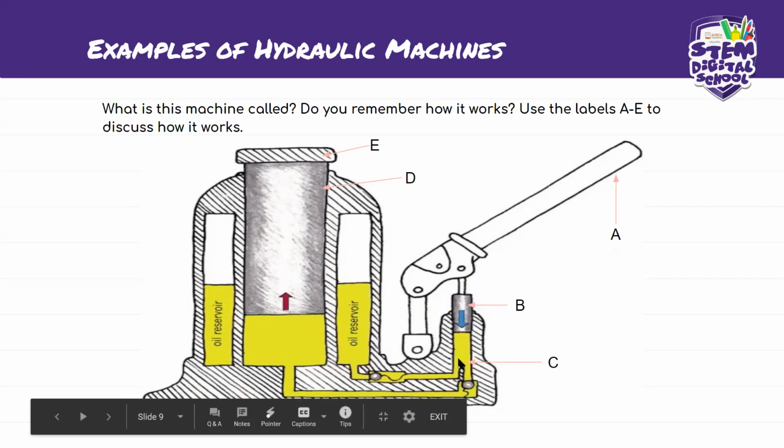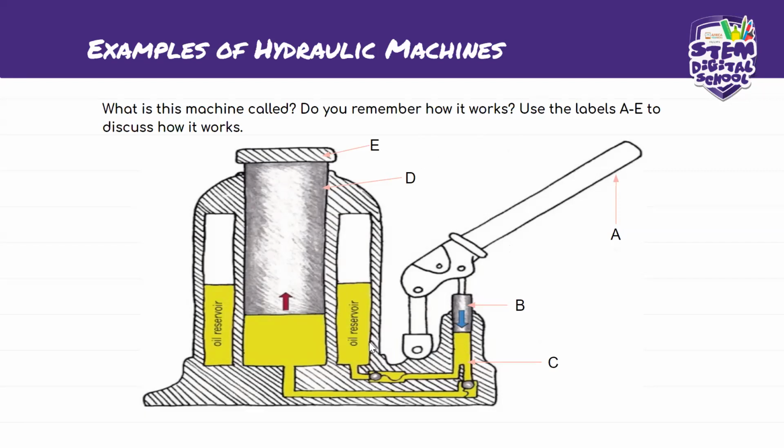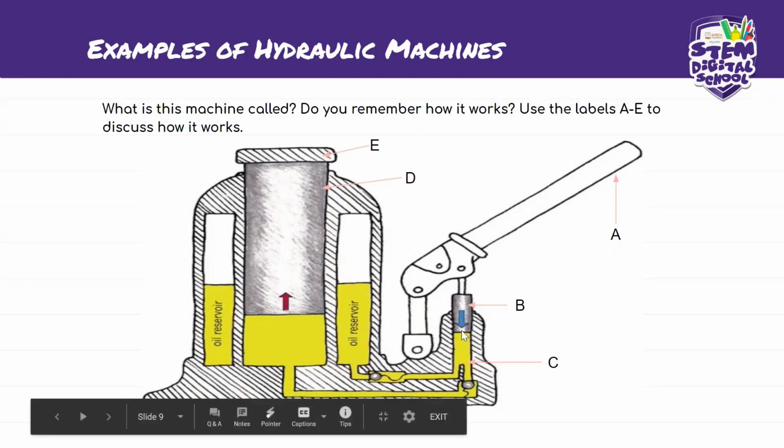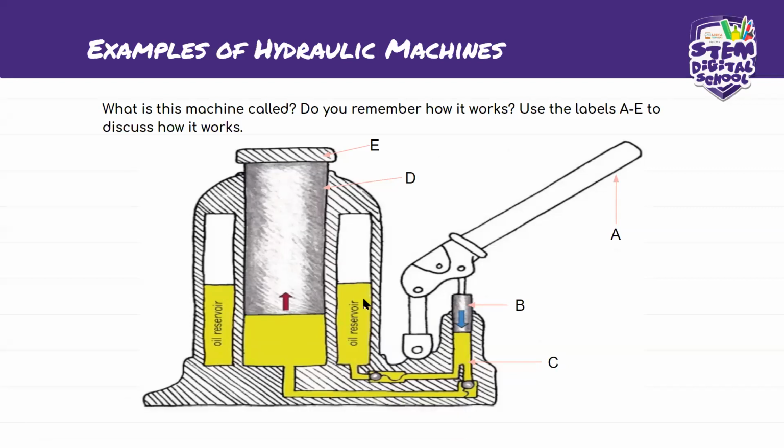In most machines, I don't know about the car jack, this oil needs to be changed because it gets dirty. And when it gets dirty, it can affect the opening of the valves here, and that will affect the output. Because we want to apply an effort that will give us more mechanical advantage. Yeah? Ma'am, what happens to the car if you don't change the oil?